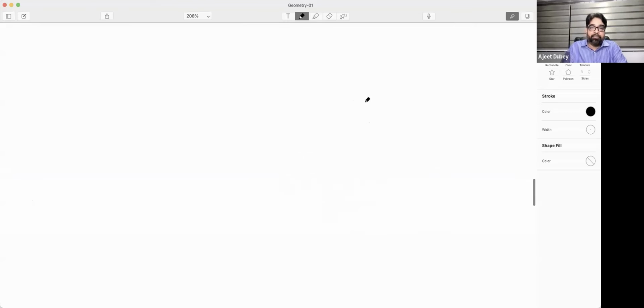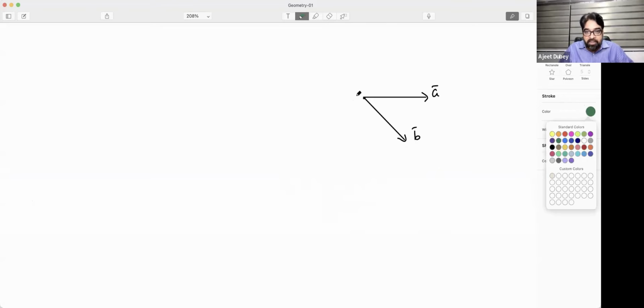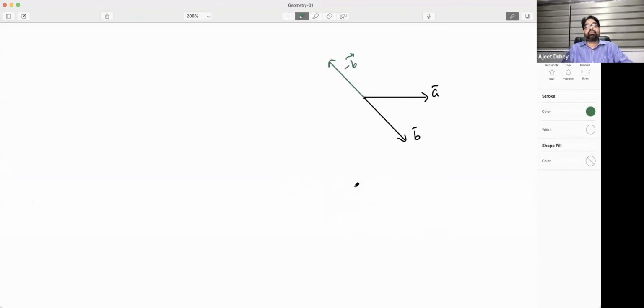Look at this picture. Let's say this is A. Let's say this is B. I'm taking this one as the origin. If I ask you, can you locate minus B? Yes, sir, but opposite. This will be minus B. Where is minus A?